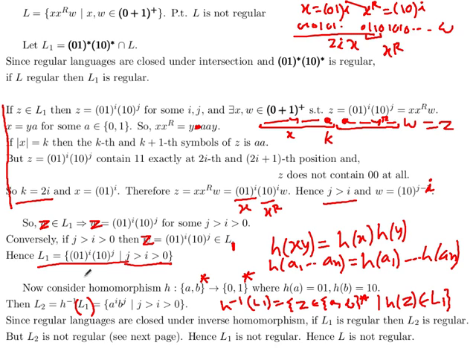So the inverse of the string 0 1 to the i, 1 0 to the j, can only be a to the i b to the j. Just this single string.